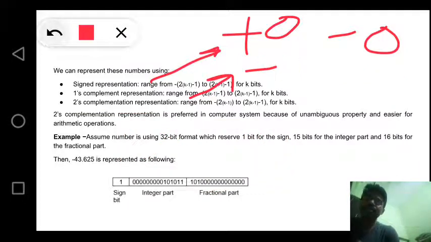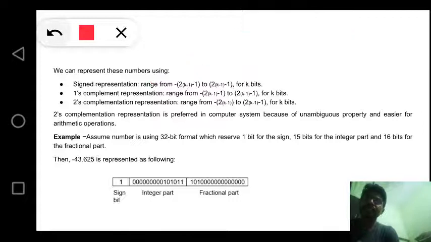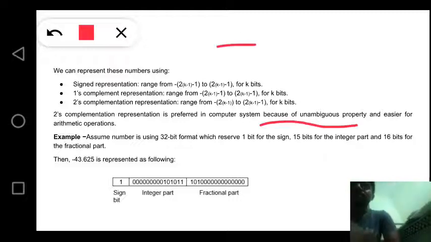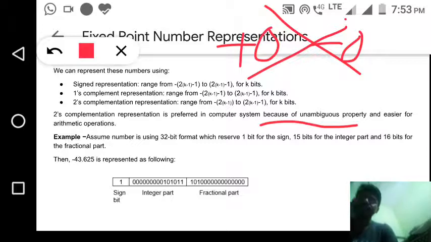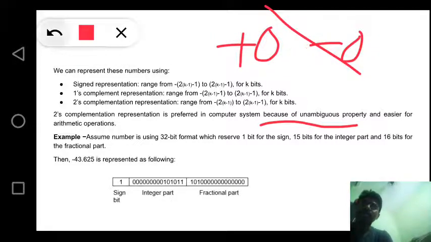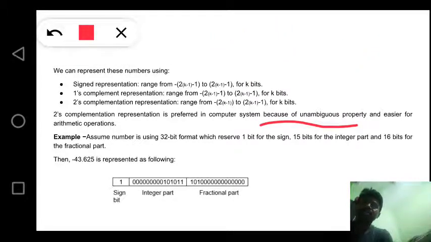It is an important point. Two's complement representation is preferred in computer systems because of its unambiguous property and because it is easier for arithmetic operations. Unambiguous in the sense, as I said, it doesn't contain plus 0 and minus 0. Whereas signed representation and ones complement have two representations for 0, which may create some ambiguity while doing any computations.